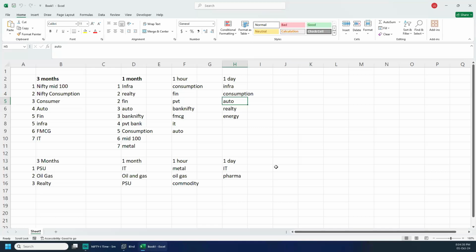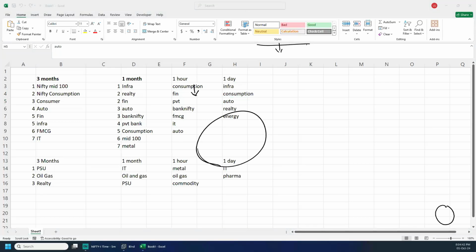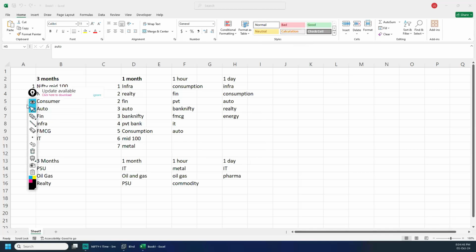Here itself, we have also figured out the things for 1 hour. And when we are figuring the thing for 1 hour, it is basically from an intraday point of view, right? When we are discussing the thing on a positional basis, then you have to follow basically 3 month, 1 month, and 1 day.